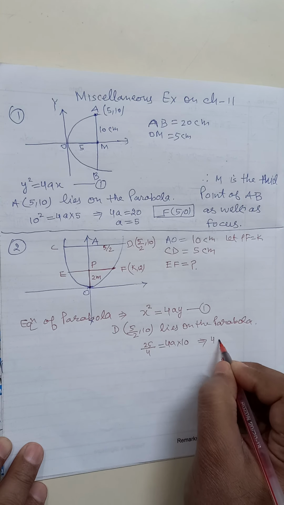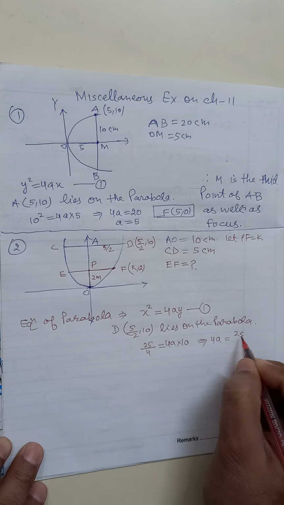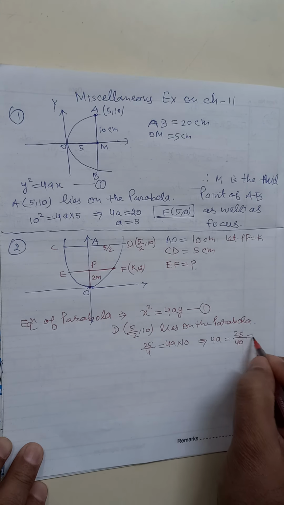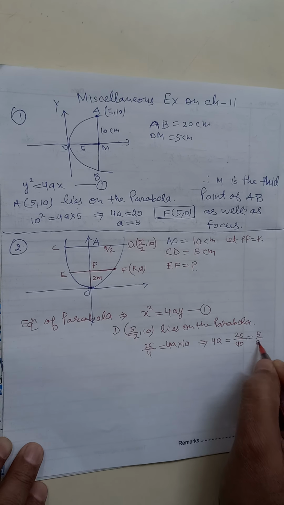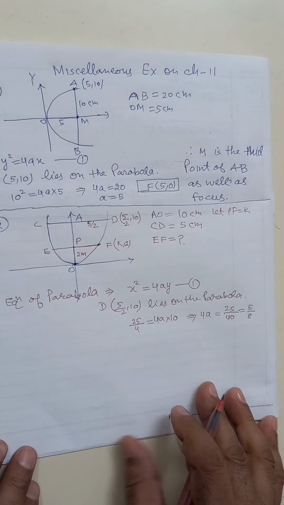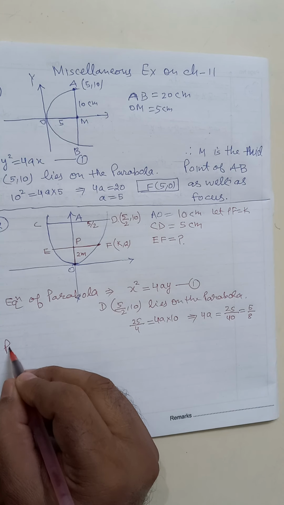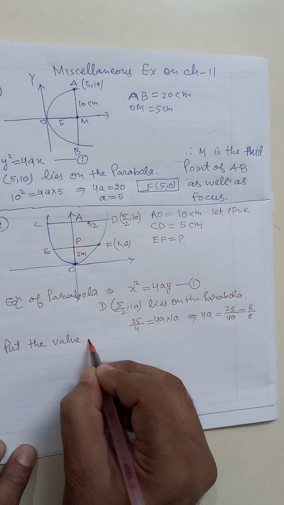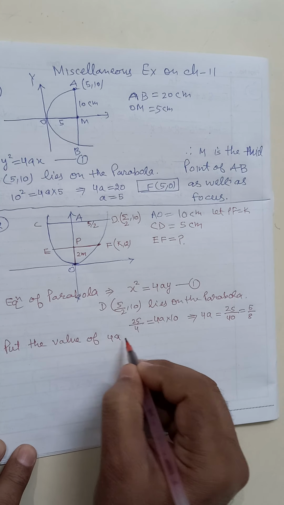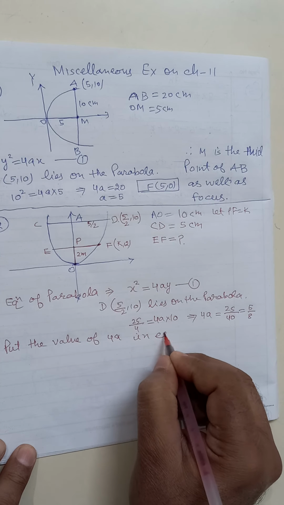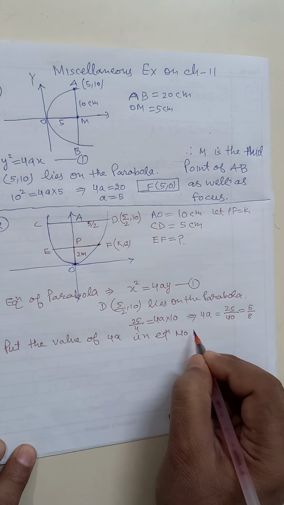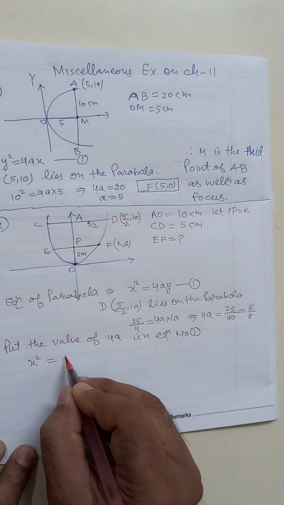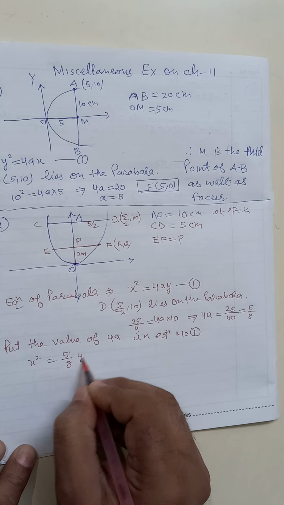Therefore the value of 4a, 25 upon 10 is shifted to here, that is 5 by 8. Therefore put the value of 4a in equation number 1 here. Therefore you can say x square is equal to 5 by 8 y.